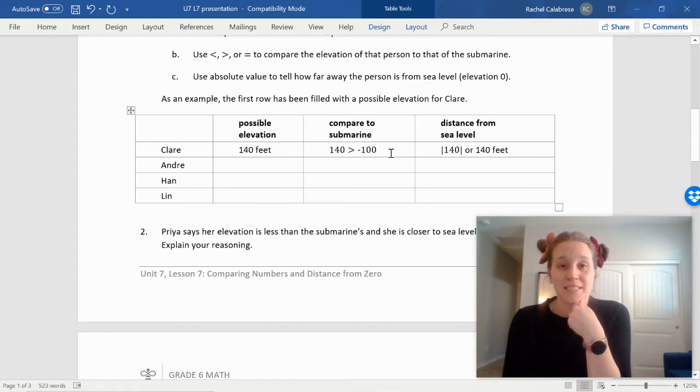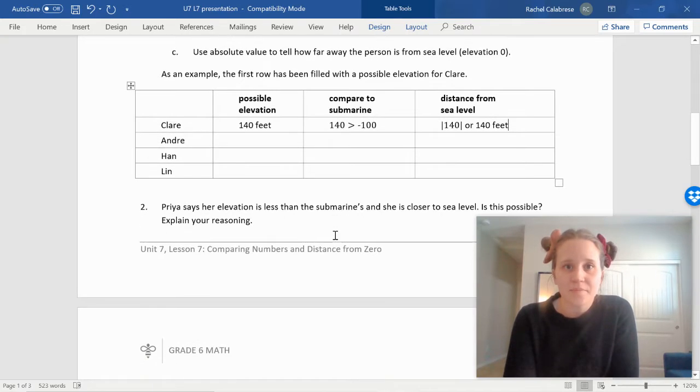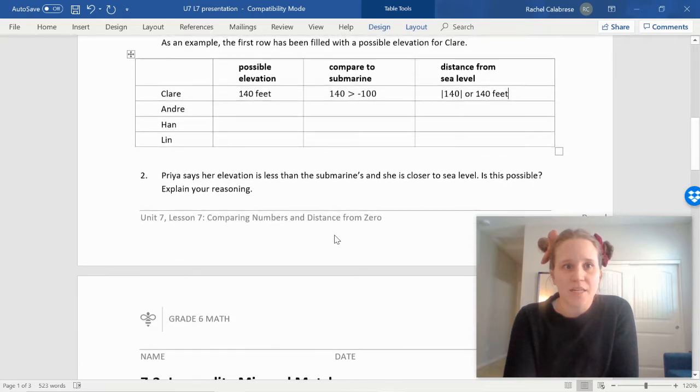It's greater than the submarine's because it's above. Claire's distance from sea level is the absolute value of her elevation, which is 140, and the absolute value of 140 is 140. So this is really asking, what's the distance from 0? Okay, I want you to fill in the table for Andre, Han, and Lynn, just like it's done for you for Claire.